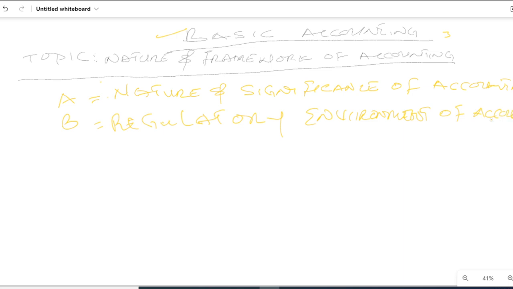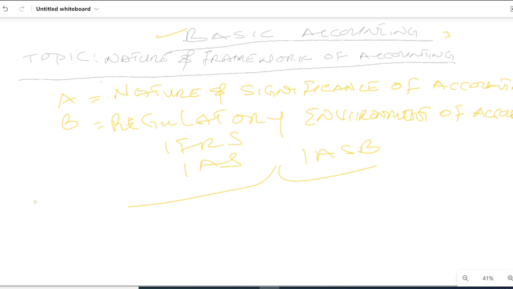So the B part of the topic is all about the principles and conventions of accounting. It's all about the history of IFRS. I'm going to talk about the IFRS here, IAS, and IASB. So these are the components of the second part of the topic.